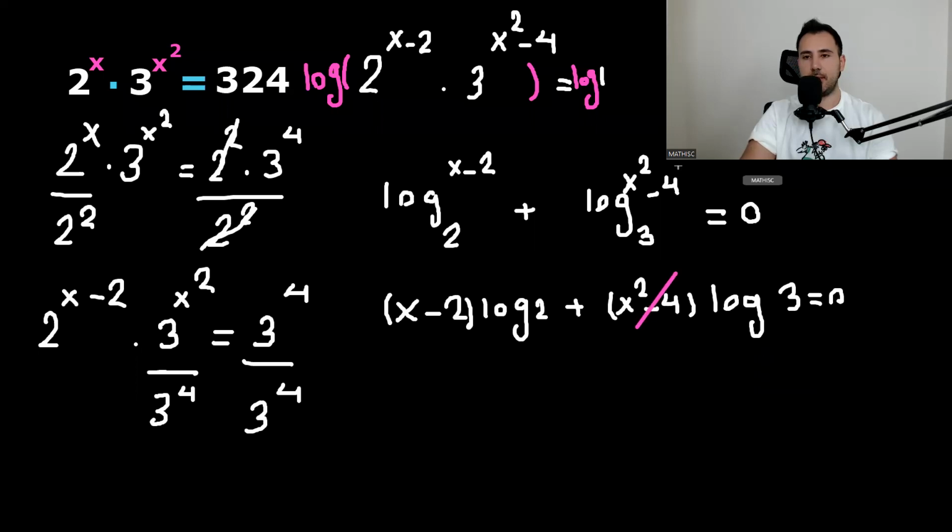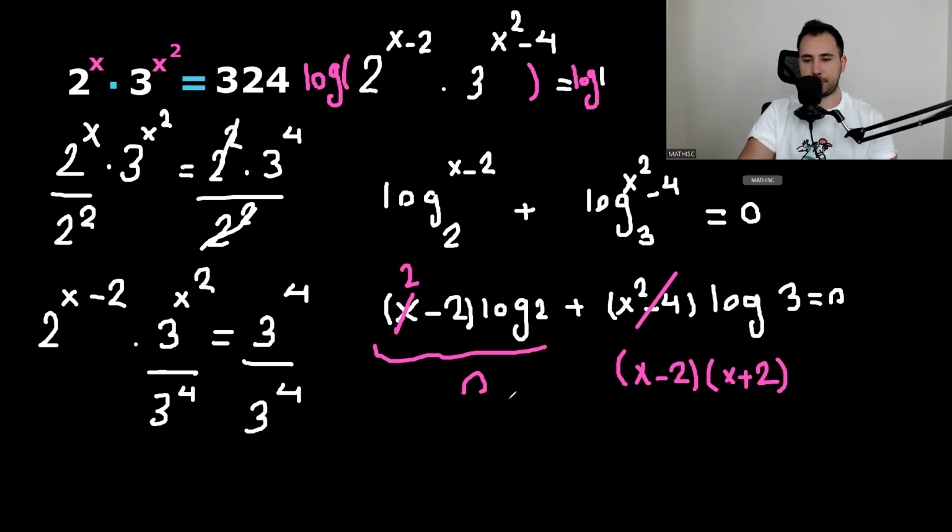Now pay attention to one thing. We know that x squared minus 4 is the same as x minus 2 multiplied by x plus 2. Now, what happens if x is actually 2? Well, if x is 2, 2 minus 2 will be 0, so this term will be 0, and this term will also be 0.